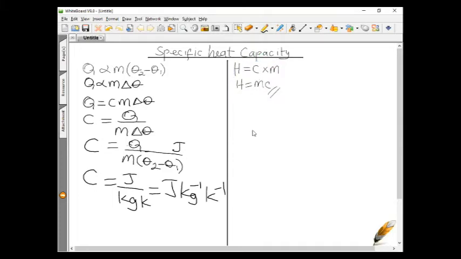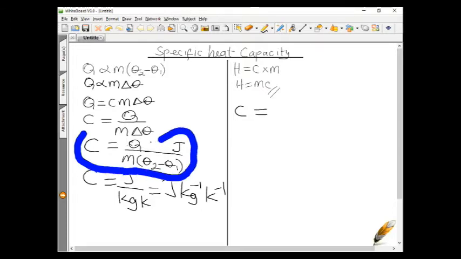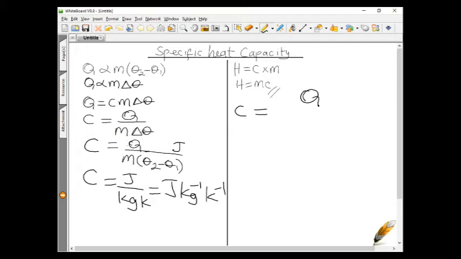Now we have this, that's good. But remember that our C is equal to, we have it over here, C is equal to Q over M into theta 2 minus theta 1.